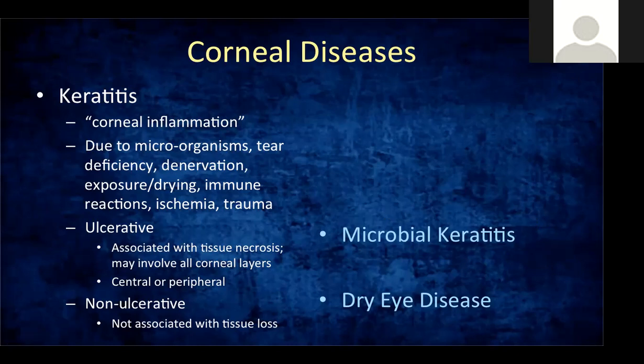Although there are many types of keratitis, we will focus on microbial keratitis for your ulcerative and dry eye disease for your non-ulcerative, because there are very many and we don't have enough time to discuss every disease under these two classifications. But these are the two more important and perhaps more common. So ito yung mga maaaring makikita ninyo sa clinics.